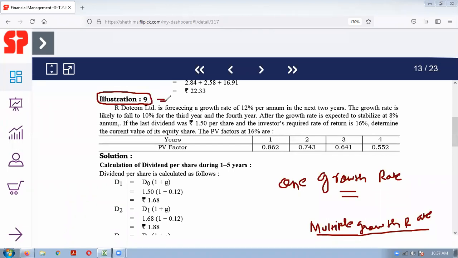This is a case of a multiple growth model. Till now, whatever sums we have done were single growth model, and we also saw the zero growth model in the last class: if there is no growth, how to solve that.